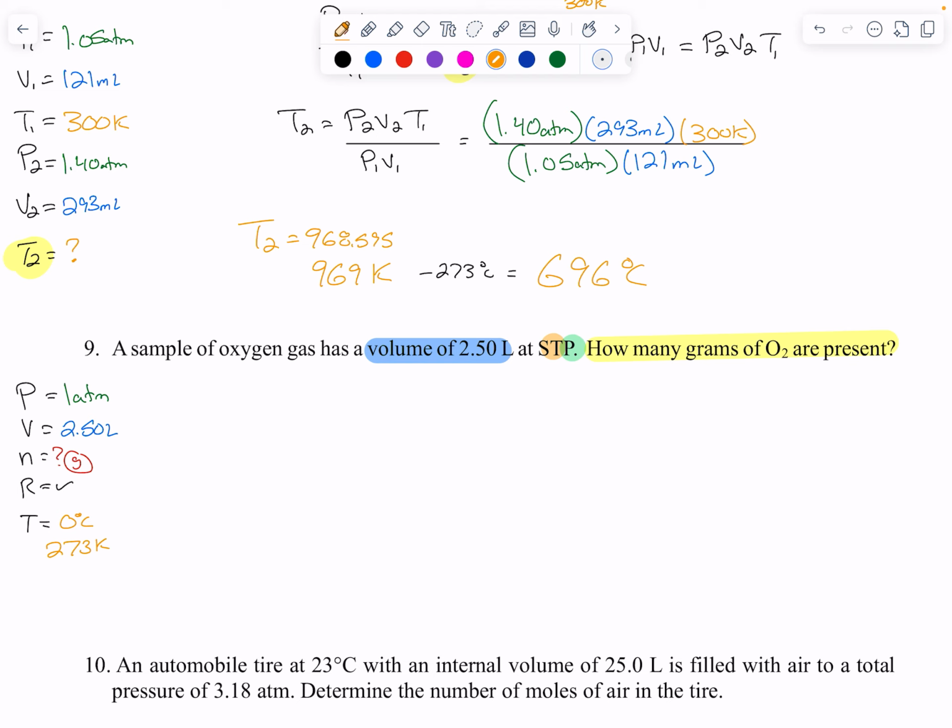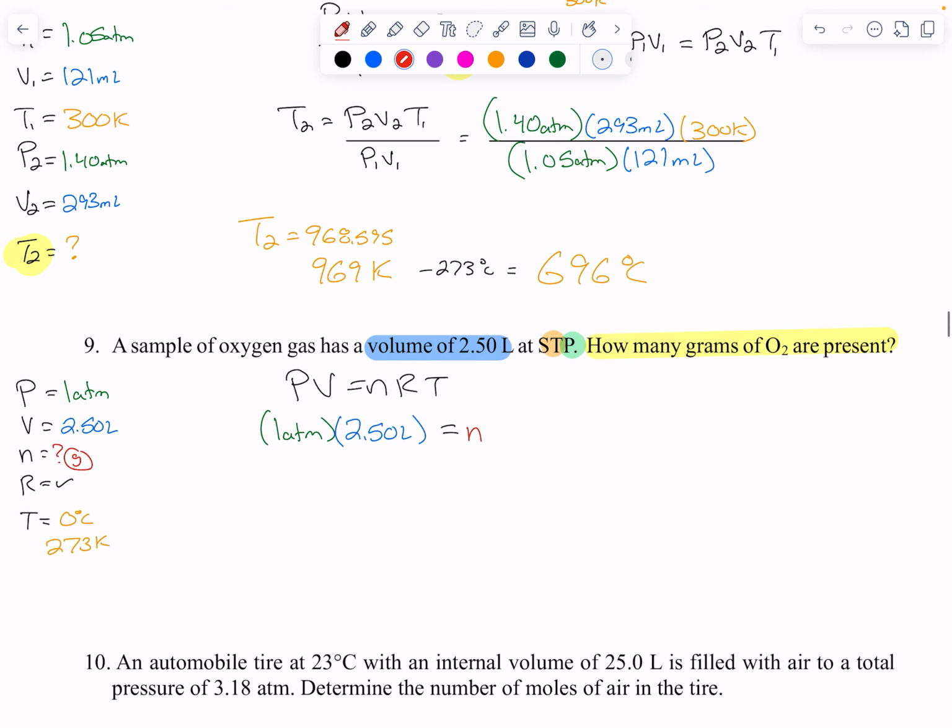All right, so let's do this. PV equals nRT. So I'm going to do 1 atmosphere, 2.50 liters equals, we don't know the number of moles.